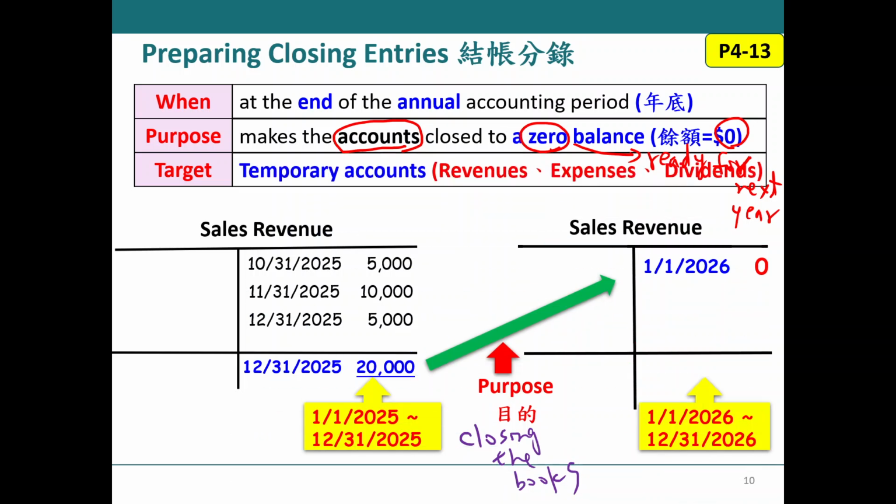So temporary accounts: revenue, expenses, and dividends. Only for temporary accounts. We don't do closing the book on permanent accounts. Okay?